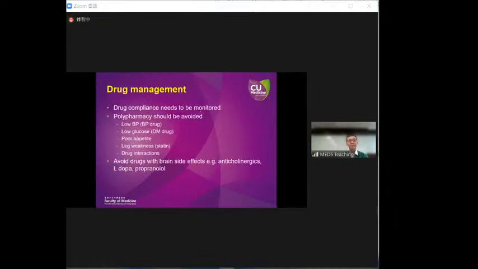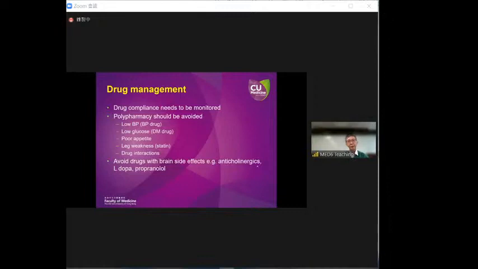Drug compliance needs to be monitored and supervised. Polypharmacy should be avoided because, if they do not use the drugs properly or doctors prescribe too many drugs causing side effects, that might aggravate the situation. Avoid the drugs that have brain side effects.